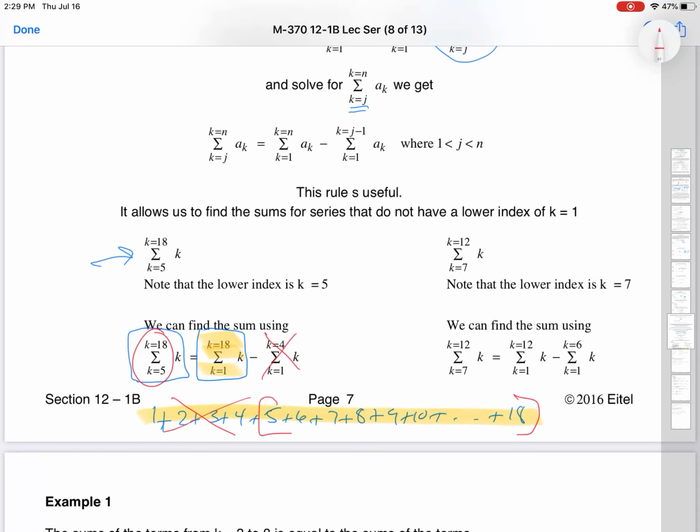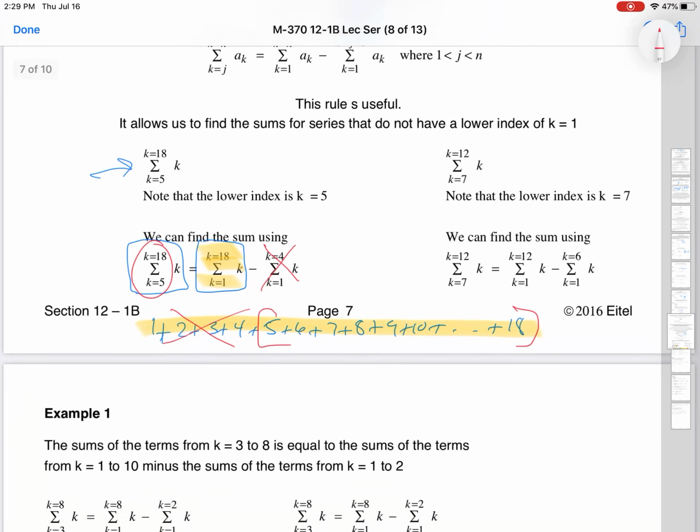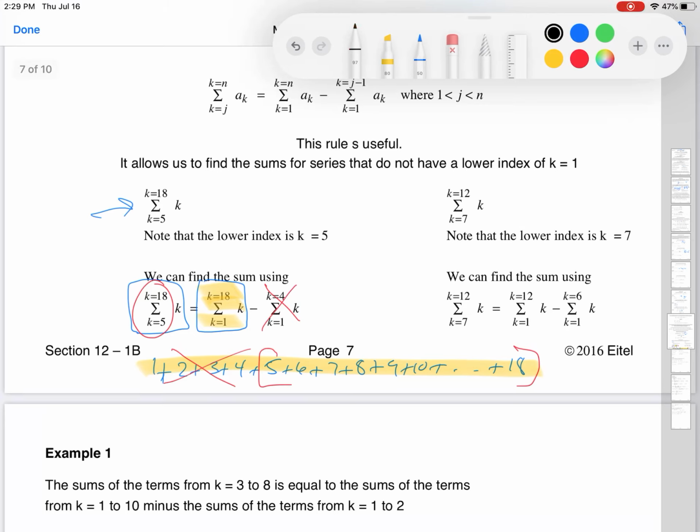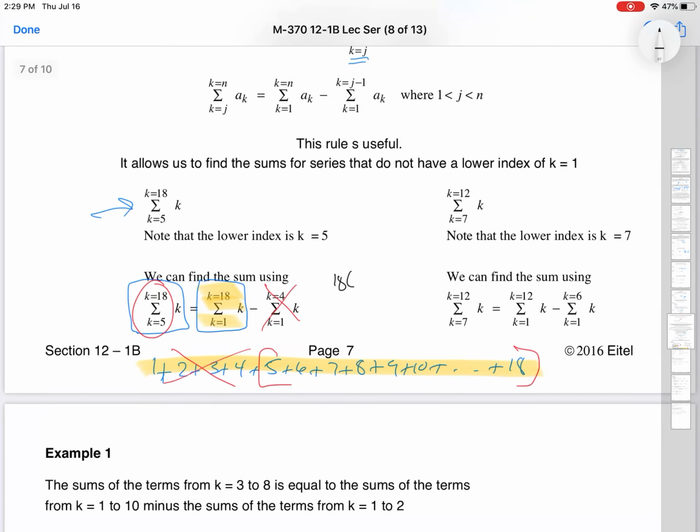And so we use the formula to justify that. Let's take a look at the sum of the first 18 terms. Well, we know what that's going to be. Let's do that really quick just for extra practice. It's going to be 18 times 19 divided by 2. Then we subtract from that the first 4 terms, which is 4 times 5 divided by 2.